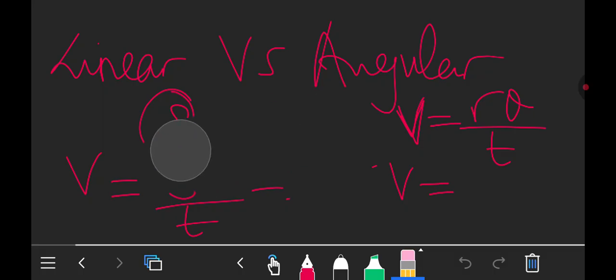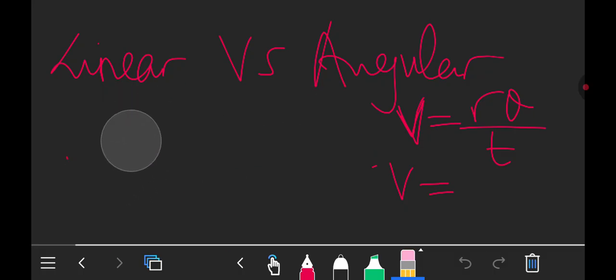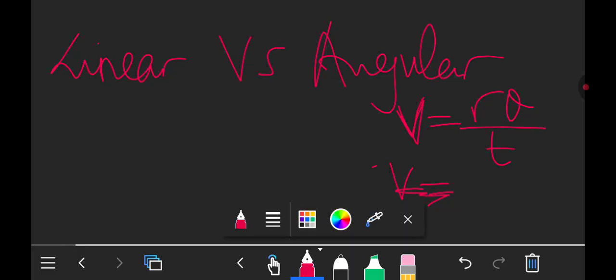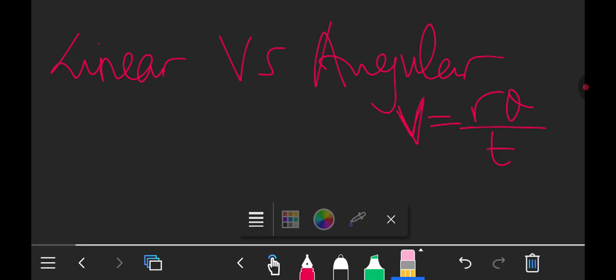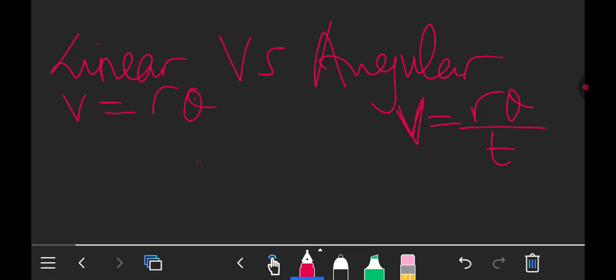Let me just get rid of this, okay? So what we have is V is equal to R theta over T. Now let's make some manipulation, okay?